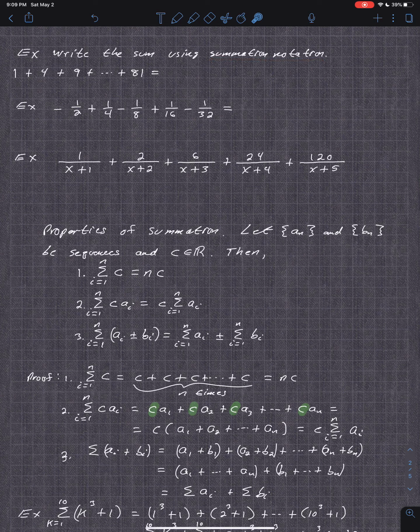So first you got to figure out kind of the pattern. What is it doing? So 1, 4, 9 to 81. What does that look like? Yeah, those look like squares. So it's 1 squared plus 2 squared plus 3 squared, etc., all the way to 9 squared.